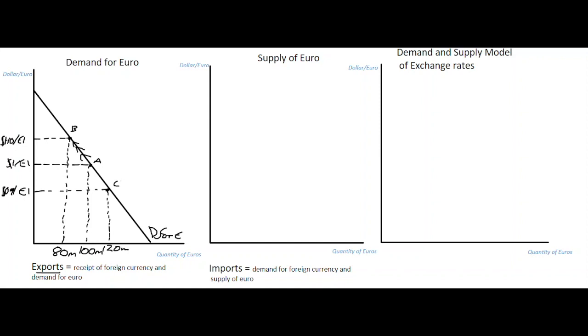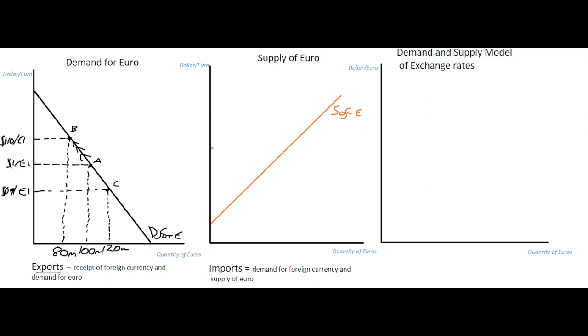Okay, the next one we'll look at now is the supply of euro. And the supply of euro is an upward sloping line as denoted here, and we will say that this is the supply of euros out on the market. So supply of euro, it is upward sloping.